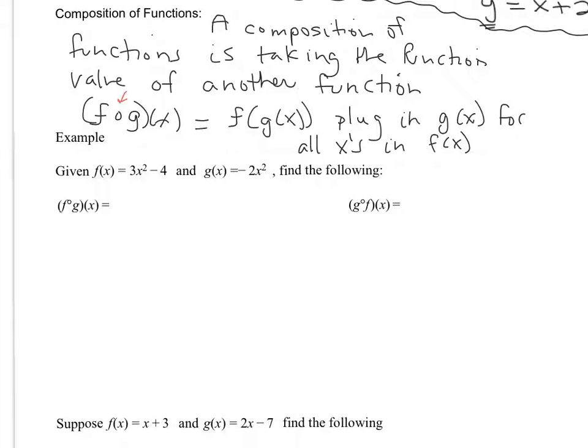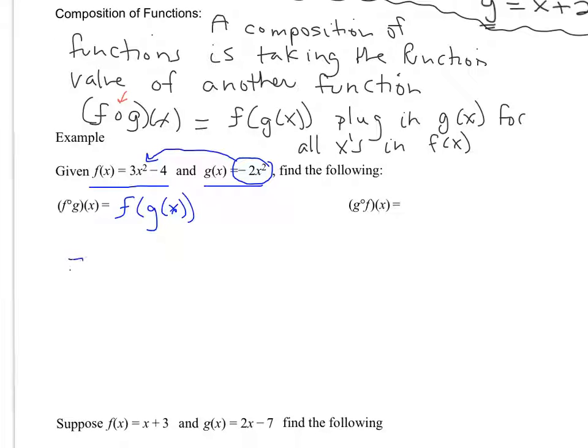So let's look at an example. I have two functions here. I have f, which is f of x, which is 3x squared minus 4, and I have g, which is negative 2x squared. So if I think of the composition f composed with g, this is really the same as f of g of x. So what we're going to do is take g of x, which in this case is negative 2x squared, and put it into the other function everywhere I see x.